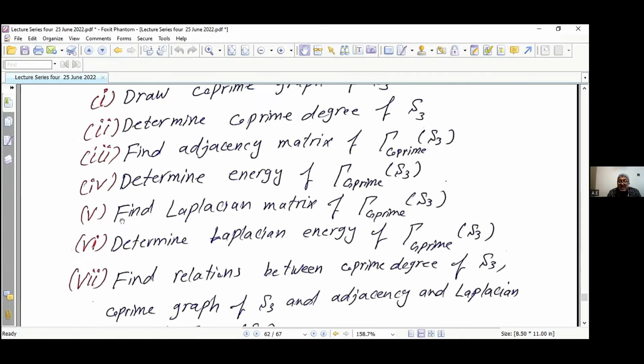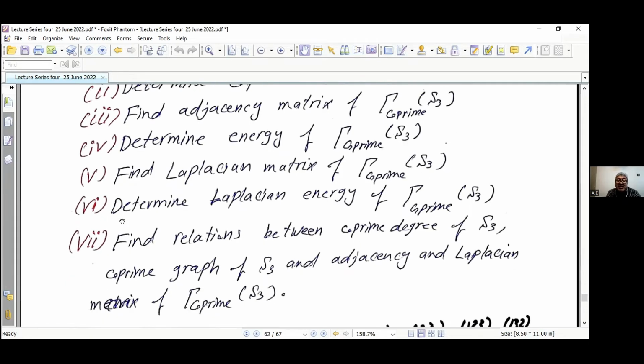I mentioned to find relations between the coprime degree, coprime graph, and the adjacency and Laplacian matrix of the coprime graph for S3.